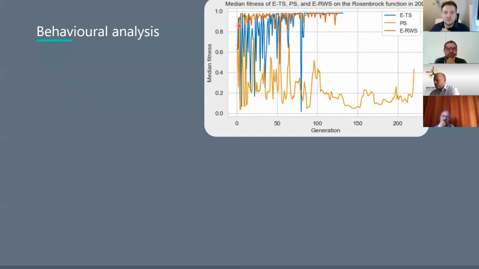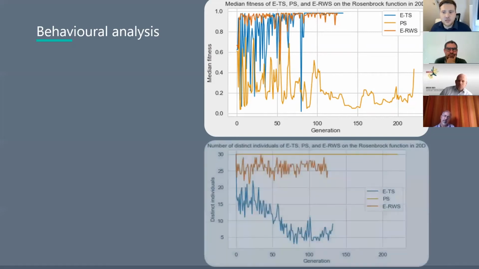Then we find in the upper half of the graph the elitist roulette wheel selection, but also the elitist tournament selection. 76% of the time the elitist tournament selection has a higher median fitness of 0.8. And the elitist roulette wheel selection can be found in the top as well.